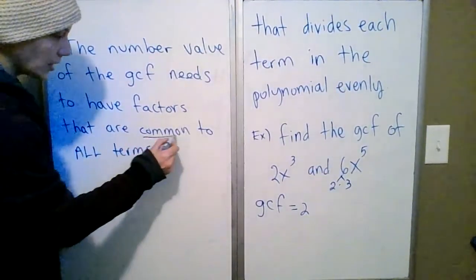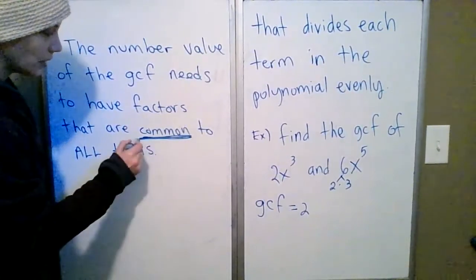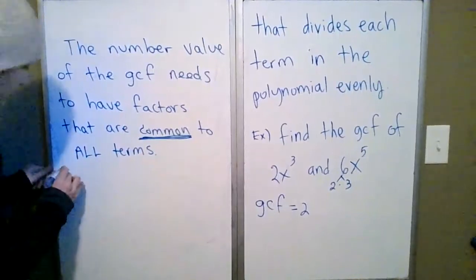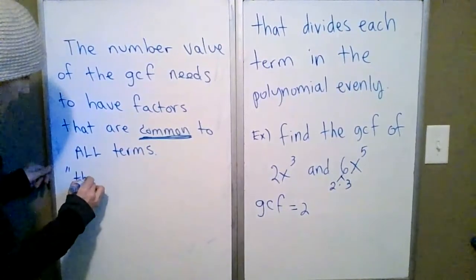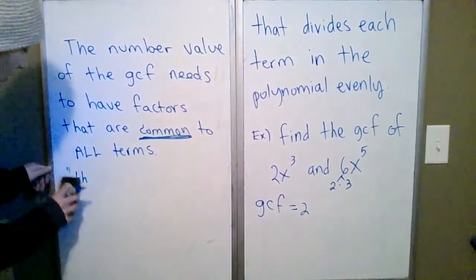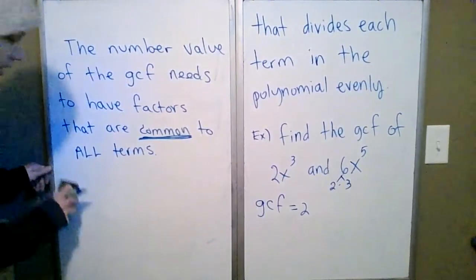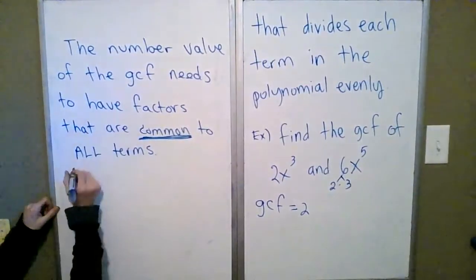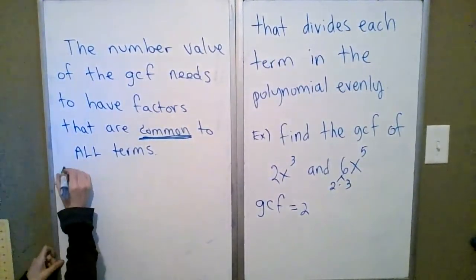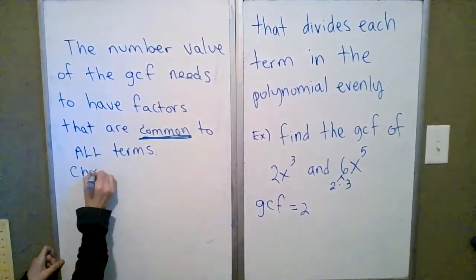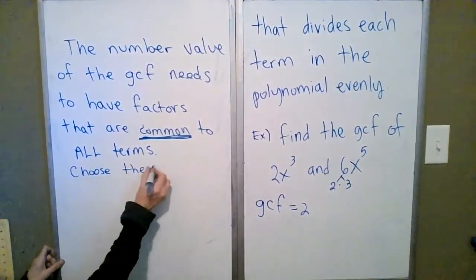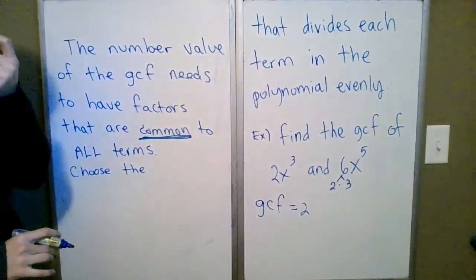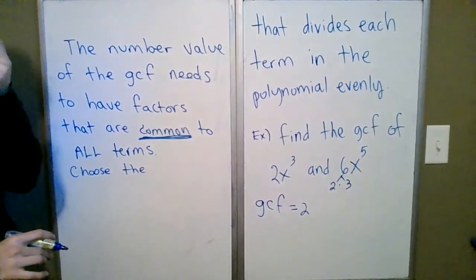So making sure that the factor is common to every single term, you're going to go with the least of any factor. We're not even going to write that down. When it comes to the variable part, you pick the highest power of the variable. Wait, let me make sure I got that right. Actually, maybe the smallest power of the variable.